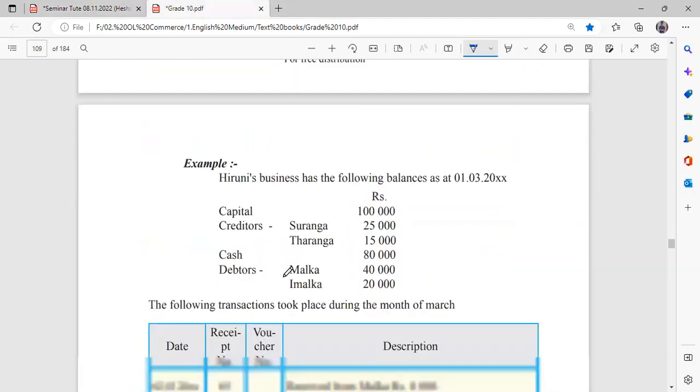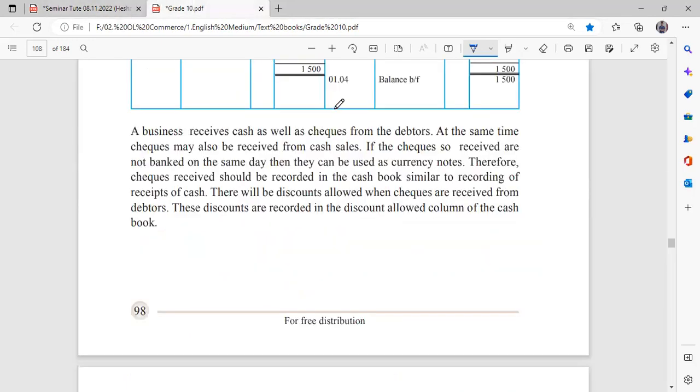Okay, now as I told you, since we are discussing the cash book, in the cash book we record all the cash receipts on the debit side, which means cash and coins received. We categorize our payments into two parts: payments below the petty cash level and payments above the petty cash level.